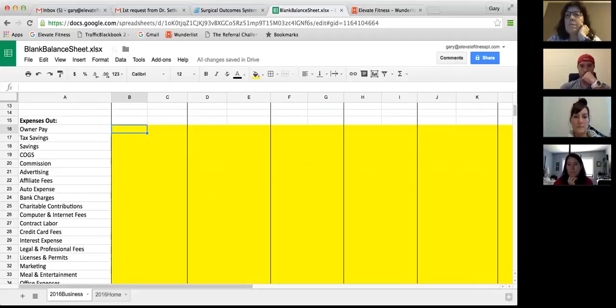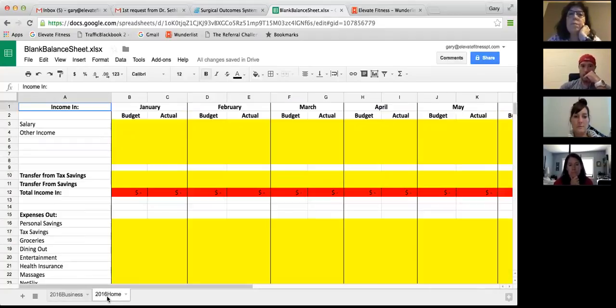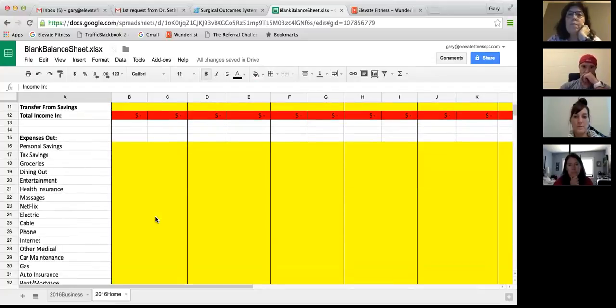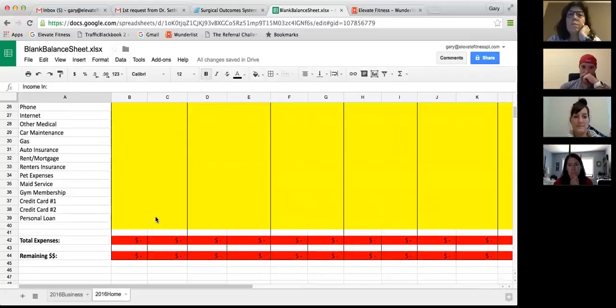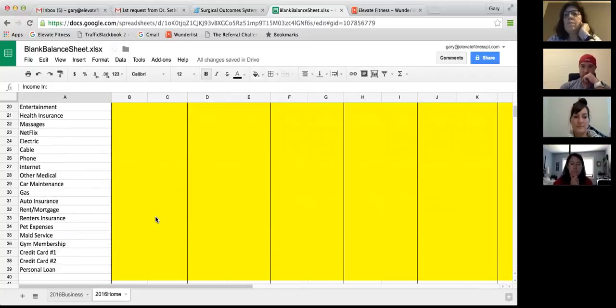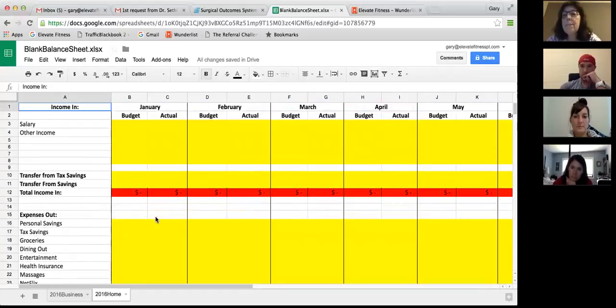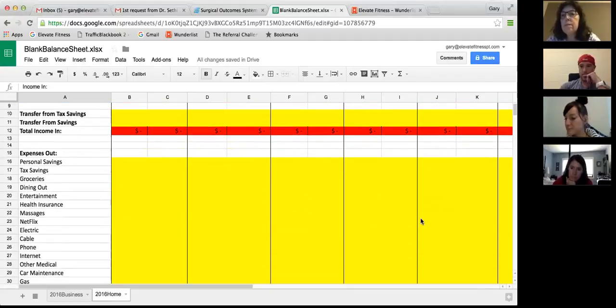If you look down at the bottom, there's two sheets on this workbook. One says 2016 business and one says 2016 home. So we've built you a worksheet for your home personal stuff as well. What I would suggest doing is do the home first, because if you know what you need to spend in your home life, you'll know what you need to pay yourself.